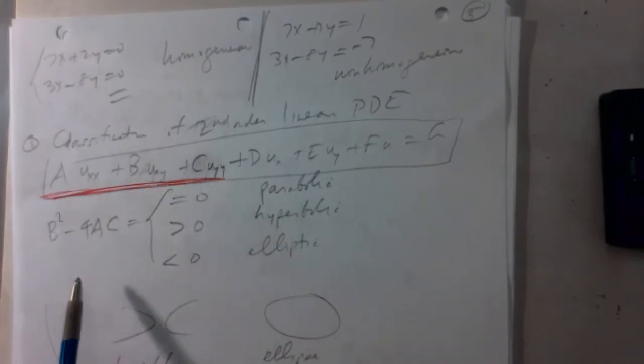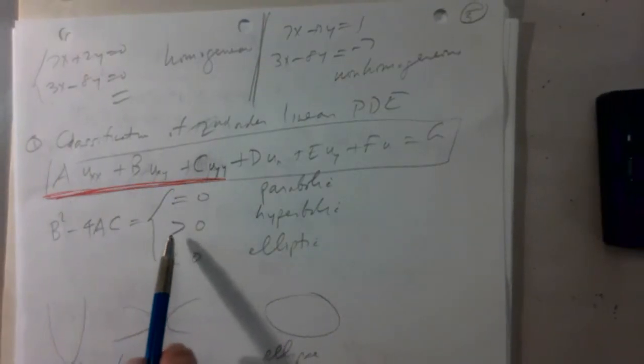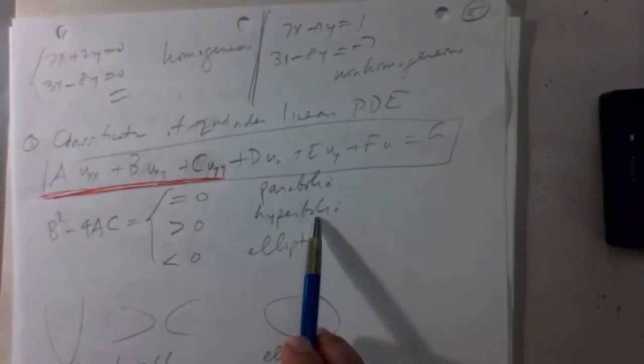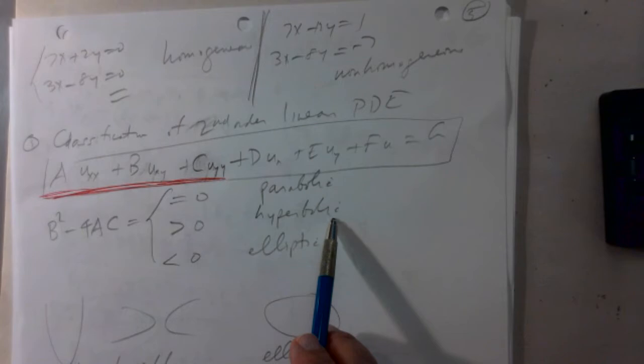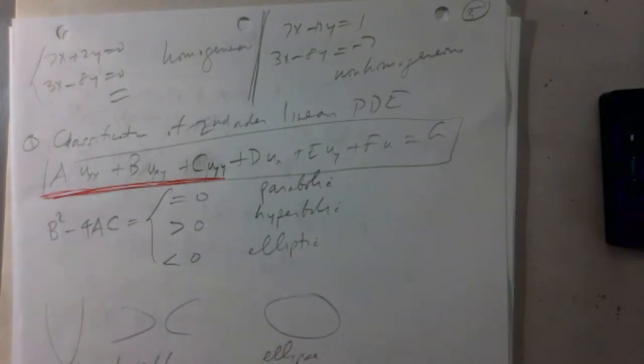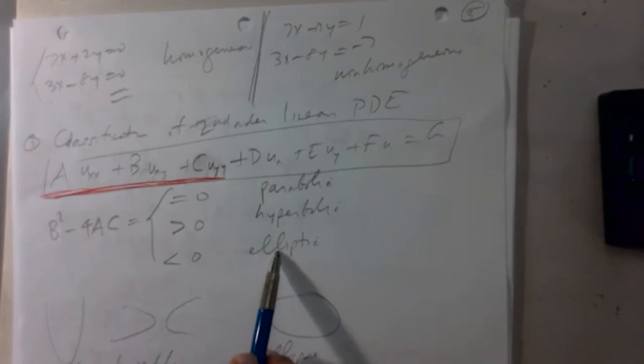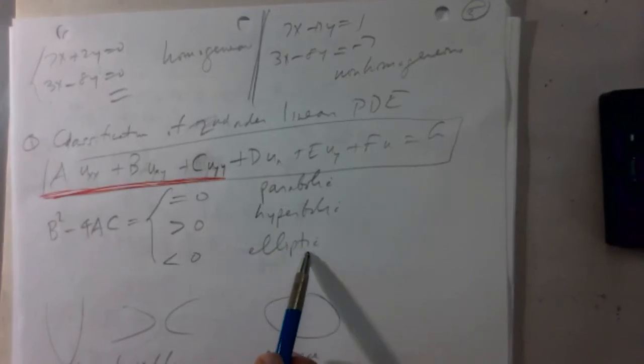We look at b squared minus 4ac. If it's positive, we call the equation hyperbolic. And that's because when we look at the corresponding quadratic equation, the graph's a hyperbola. If b squared minus 4ac is negative, the graph is an ellipse.